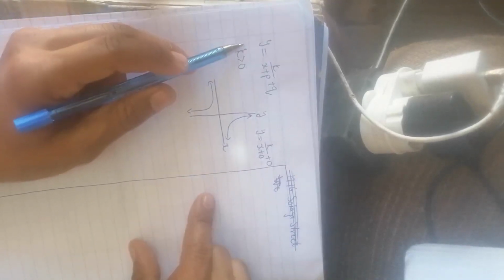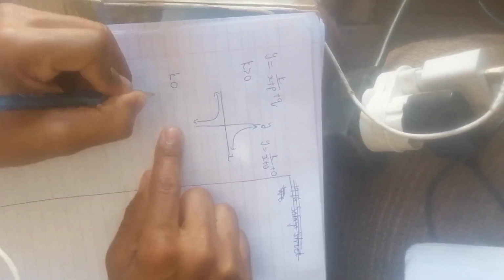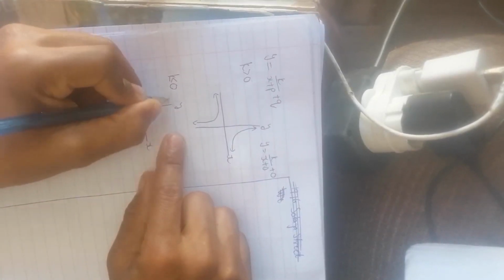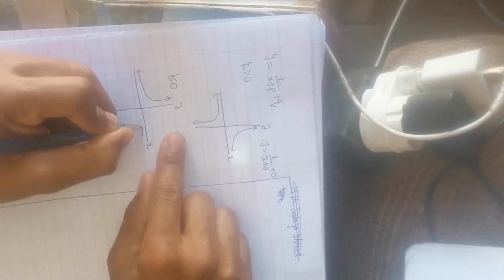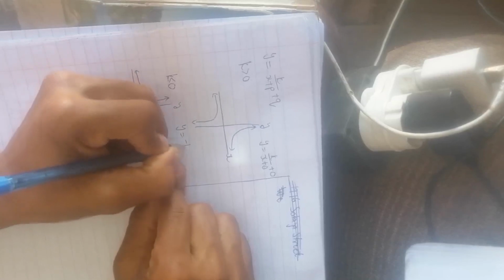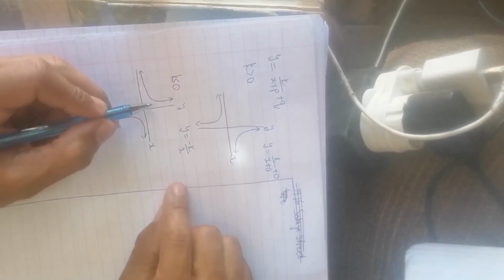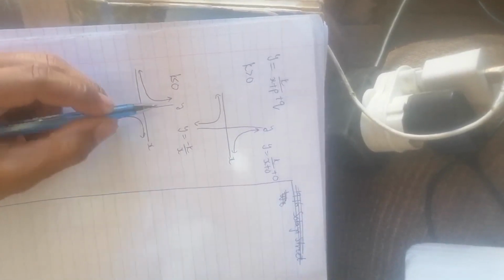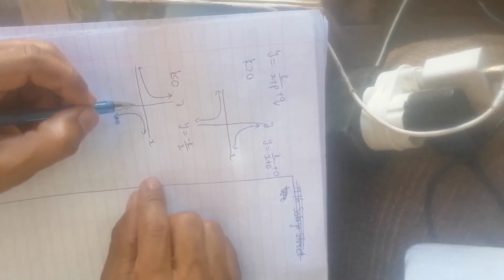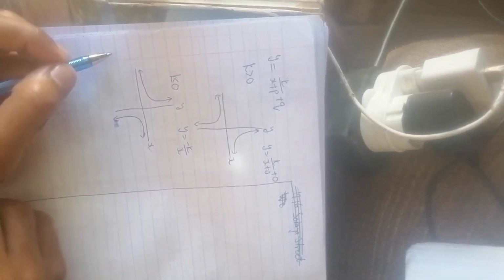Okay, so that is when the value of k is positive, and when the value of k is negative, it would lie on the second quadrant and the fourth quadrant. And this is y equals negative k over x. If x is 0 and y is 0, you have the y-axis as your asymptote and your x-axis as also the asymptote. All right, so that is fine, that is very much fine.